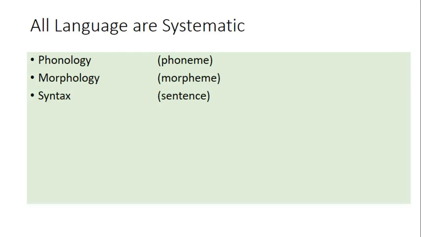So morphemes are built out of phonemes. Words, lexical items, are built out of morphemes, and syntax or sentences are built out of words. And the lexicon is the system of words of a language. It's all the words that exist in a language, or as in the hypothetical competence of an imaginary speaker who knows the language perfectly.